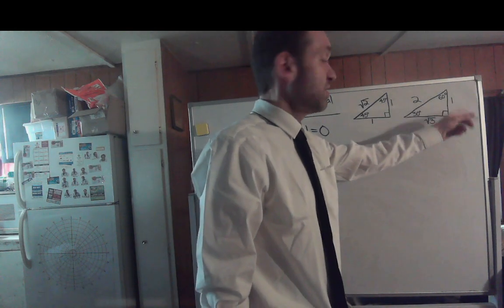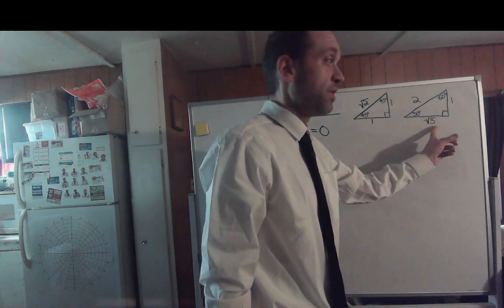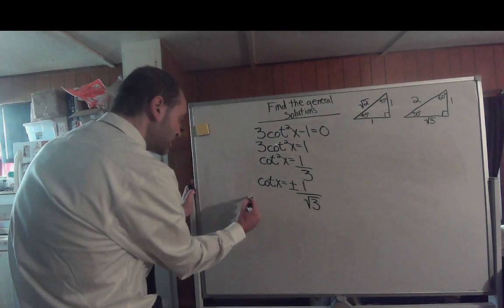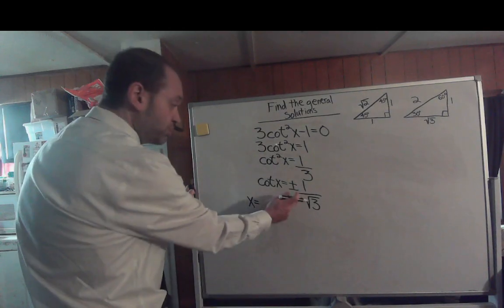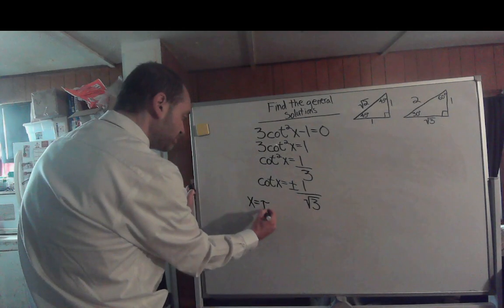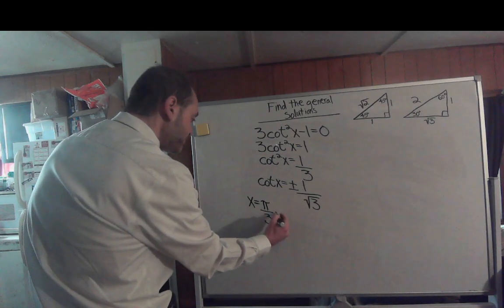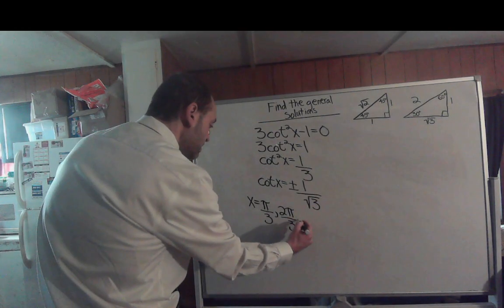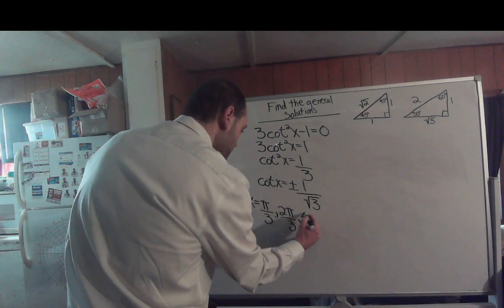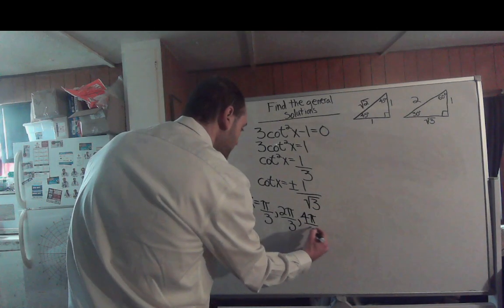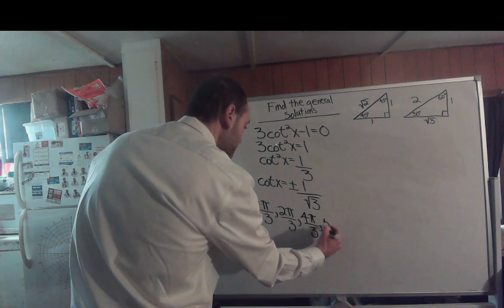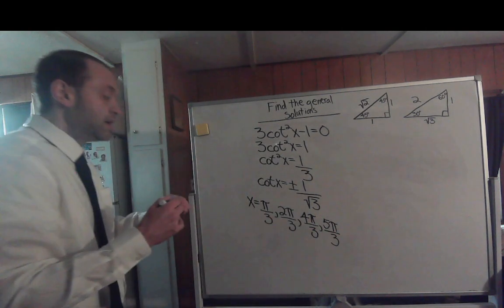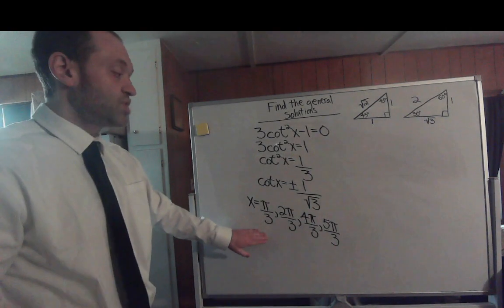The cotangent of 60 is 1 over the square root of 3, which is otherwise known as pi over 3. Since we're considering both roots, we can list x equals pi over 3, 2 pi over 3, 4 pi over 3, and 5 pi over 3. That's going to be every pi over 3 in the interval from 0 to 2 pi. But again, think of this more as a checklist.